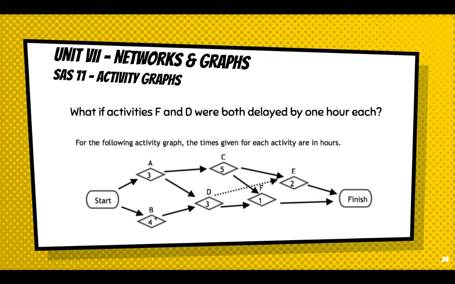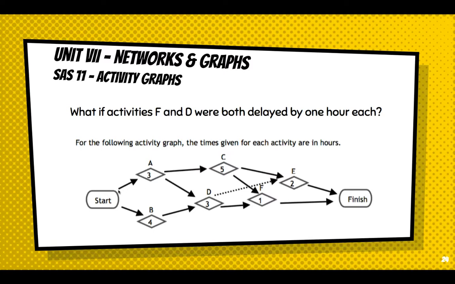It delays 2 pathways, BDE and BDF. But in that delay, we still allowed enough time to get completed in the minimum time of completion through pathway ACE of 10 hours. And even though F was delayed by an hour, notice that ACF is another pathway that comes through F, and it does not postpone it long enough either. So let's look at it.